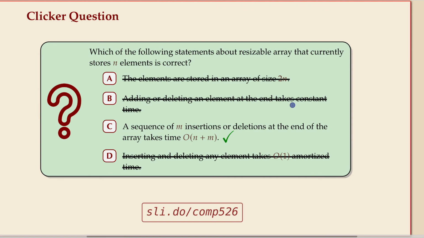But each individual one, if you look at this from a worst case perspective, might be linear time because it might be one of those expensive ones. The last one is almost the correct statement. It talks about the right type of time, constant amortized time, but deleting or inserting any element means also in the middle of the array, and that doesn't work because you would have to move elements over. So that was kind of a trick answer.